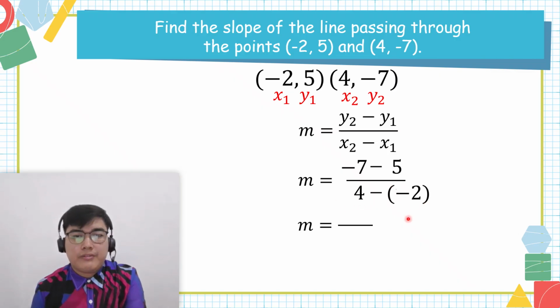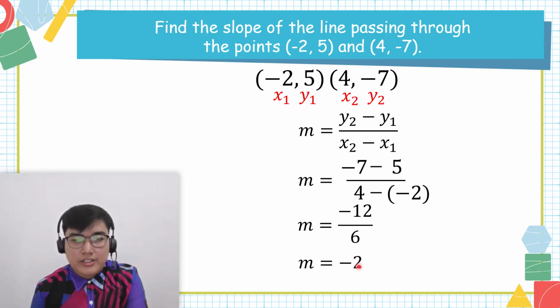Let us now simplify. Negative 7 minus 5 is equal to negative 12. 4 minus negative 2 becomes 4 plus 2, which is equal to 6. Let us now divide. Negative 12 divided by 6, the answer is negative 2. The final answer, or the slope of the line, is negative 2.